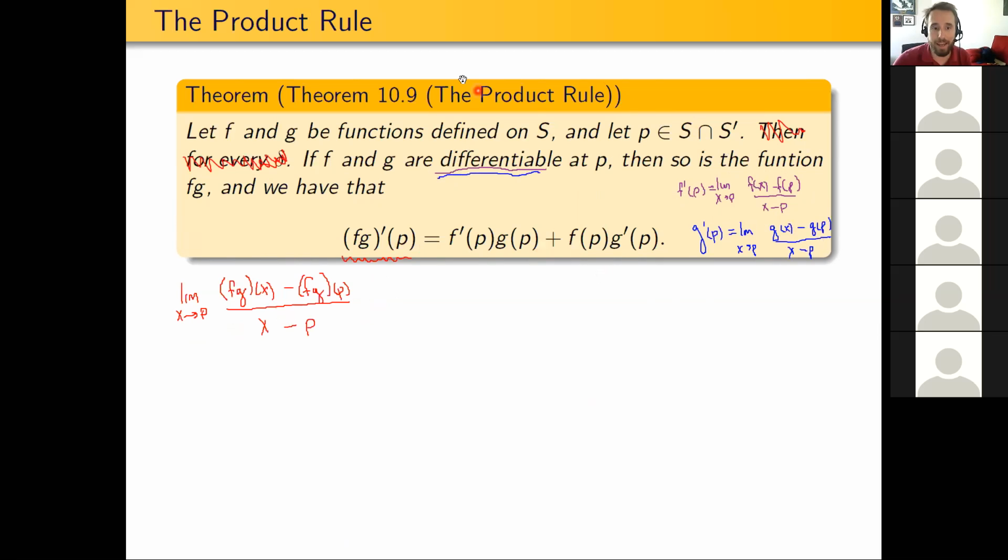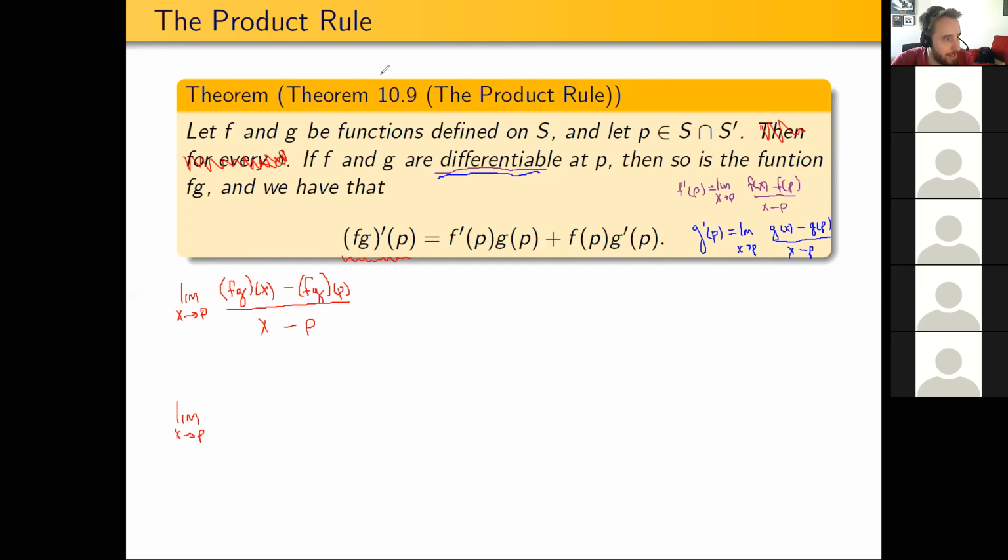We are going to make a really clever algebra move to begin manipulating this and ultimately breaking it up. First, let me rewrite this a little bit. When I say fg of x, I mean the output that I get when I take f of x times g of x.